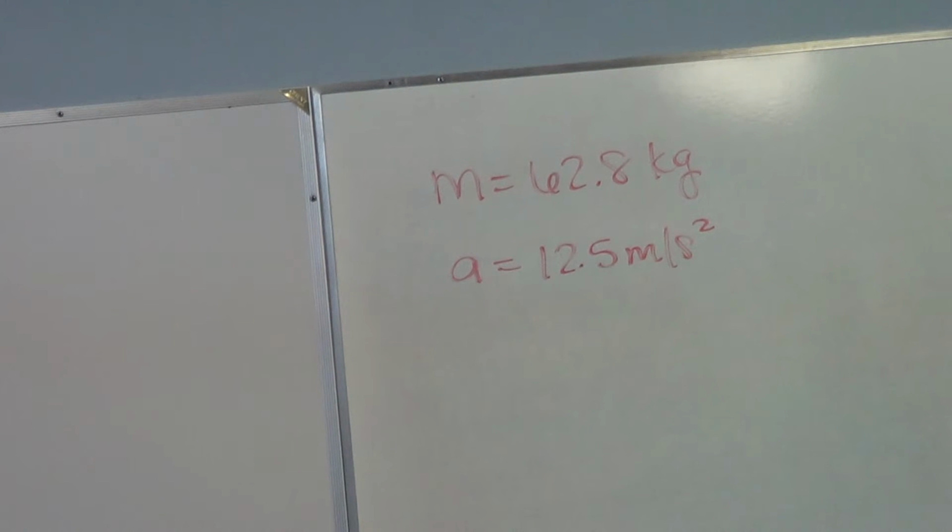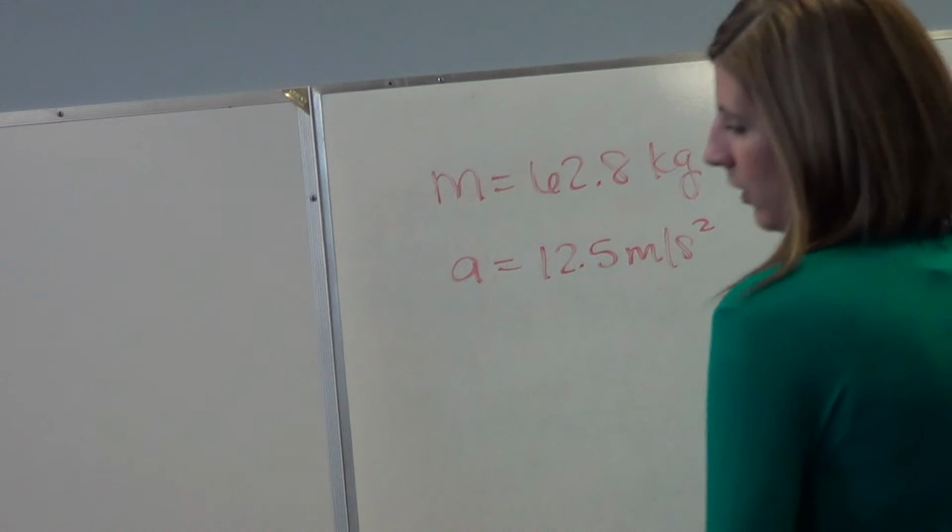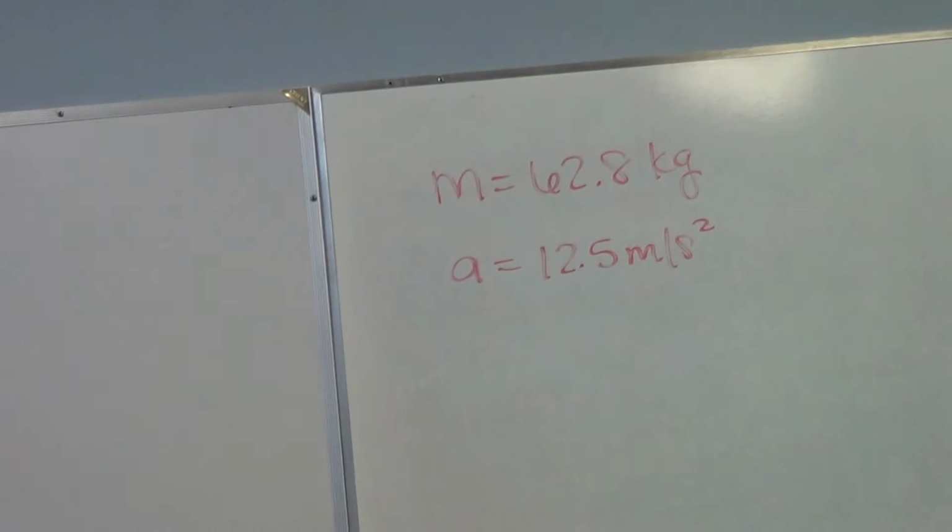The air resistance should be longer because she's accelerating upward. Okay, so we have just the two forces. We have the air resistance that's going up and the gravity that's going down. So it should look like that.